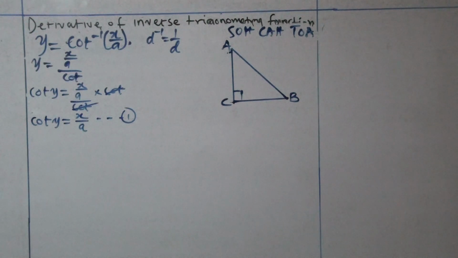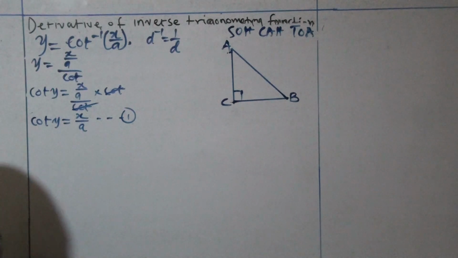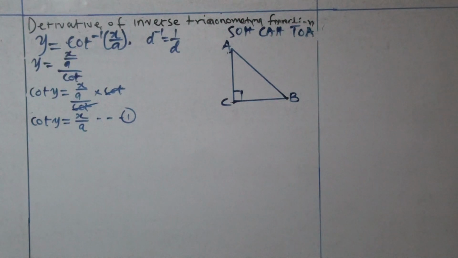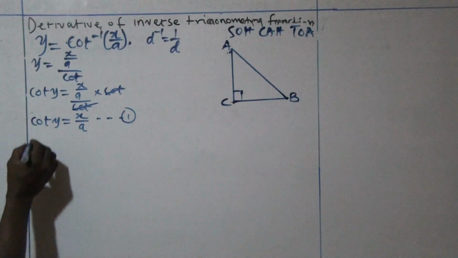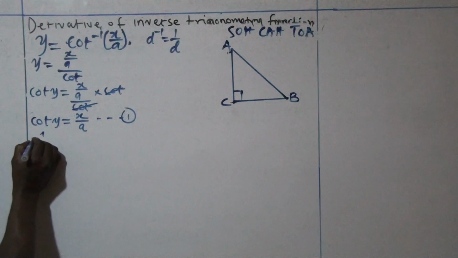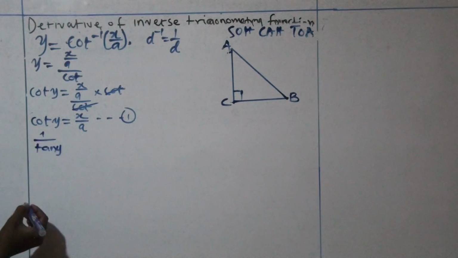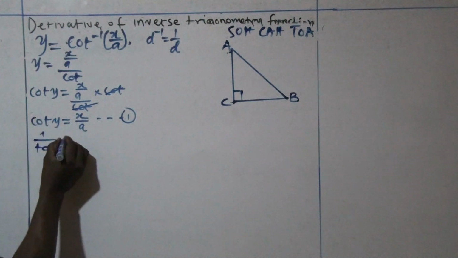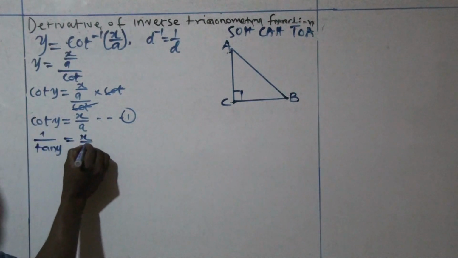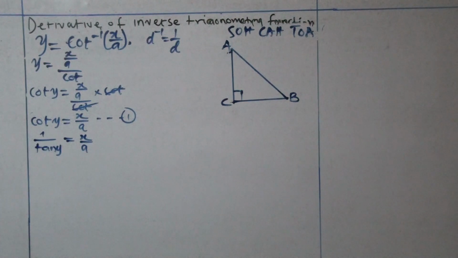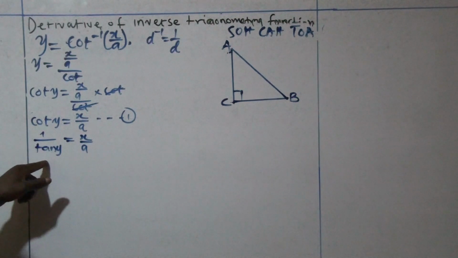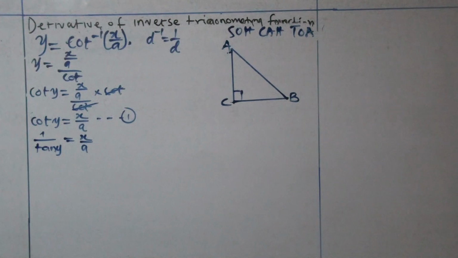We should also know from trigonometry that cot is the inverse of tan. So we use the fact that cot is 1 divided by tan. So this becomes 1 over tan y is equal to x over a. We will try to make tan the subject of the relation here.